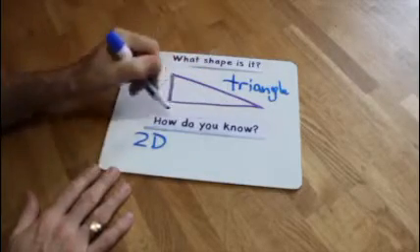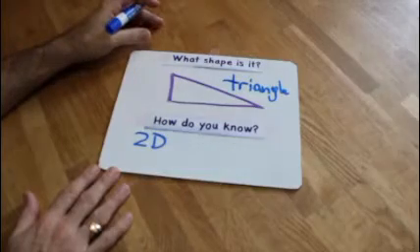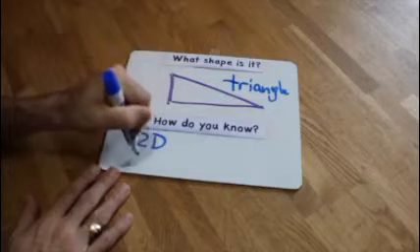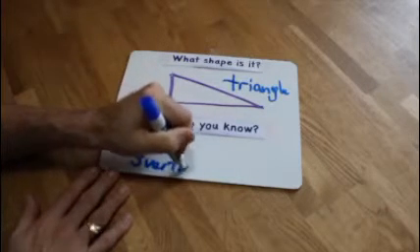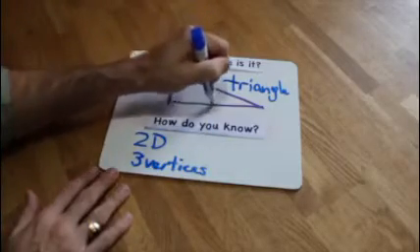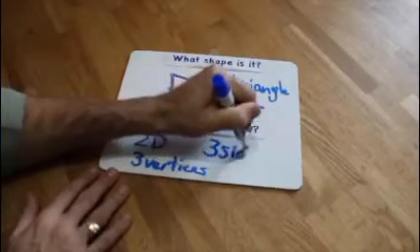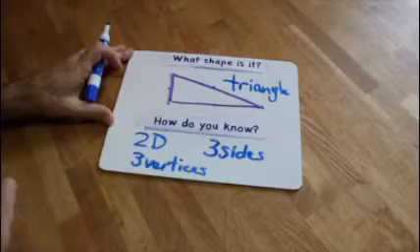It has a length and a width, but it doesn't have a height. Okay, what else is special about it? 1, 2, 3 vertices. What's the other name for a vertex? A corner. But it also has 1, 2, 3 sides. Okay, two-dimensional, 3 vertices, 3 sides. It's a triangle.